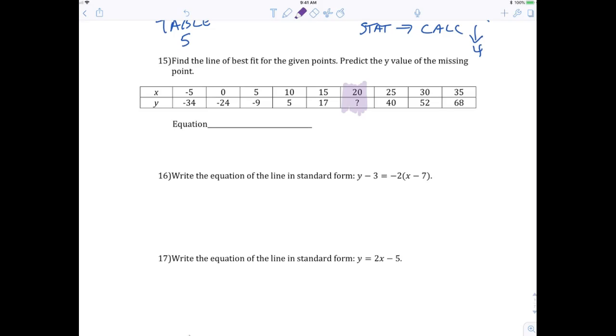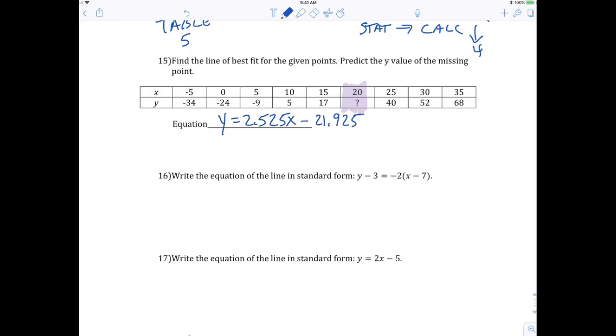And who got an answer yet? I did. Ben, what did you get for an equation, please? Okay. Is that about right? And again, I don't care if it's off by 1,000. The point is, are you right around there? Yes.